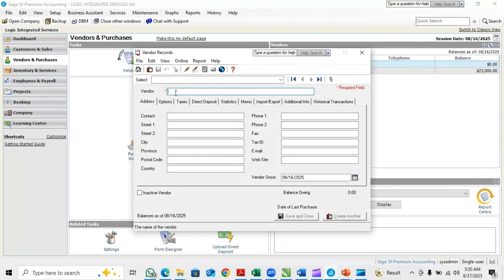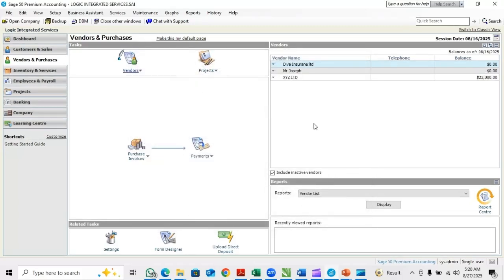Let's call it Diva Insurance Limited, and we create the vendor.